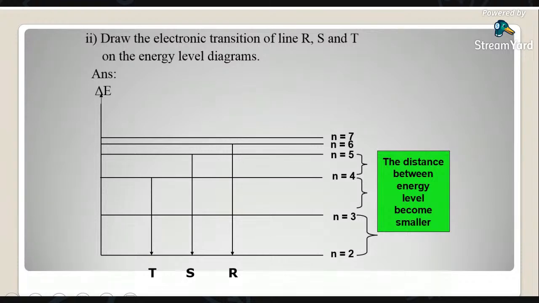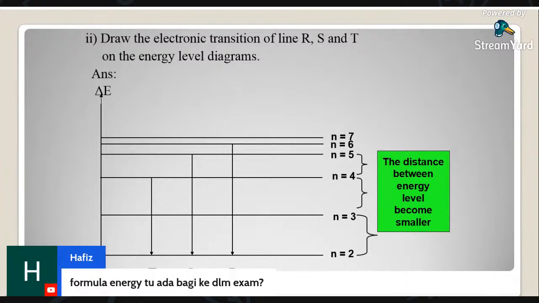It's up to you. Actually, you can start with the lowest energy level, n equals to 1. But since it is Balmer, if you want to start with n equals to 2 pun boleh.